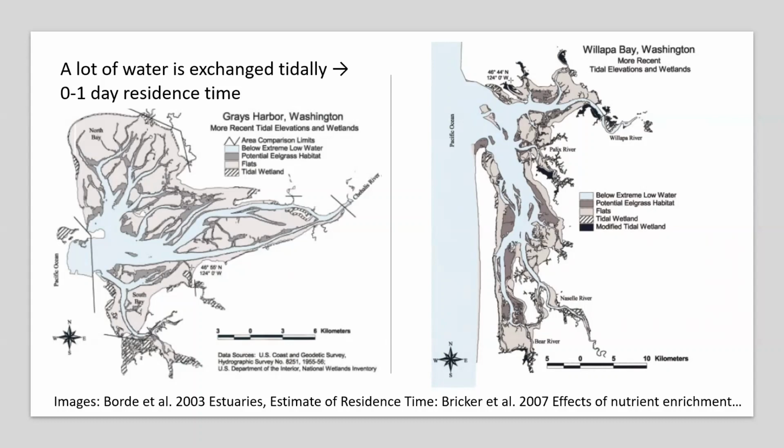And that's a huge, huge tidal exchange, or huge turnover. That is a very strong amount of tidal meteorological flushing. And that has led to estimates of extremely short residence times on the order of 0 to 1 days, because there are 2 tides a day and half the water is turned over every single time.